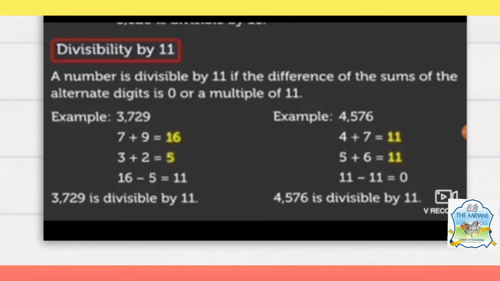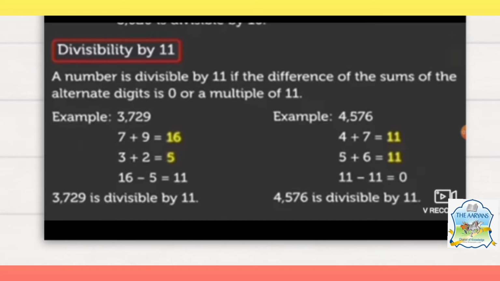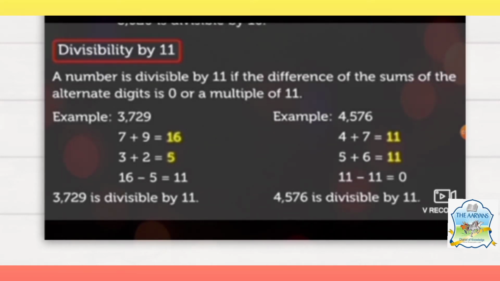We sum up these digits. What is the sum? That is 16 and 5. Now we have to find the difference of these. 16 minus 5, we will get 11. So, if the difference is 11 or 0, we can say that this number is divisible by 11.